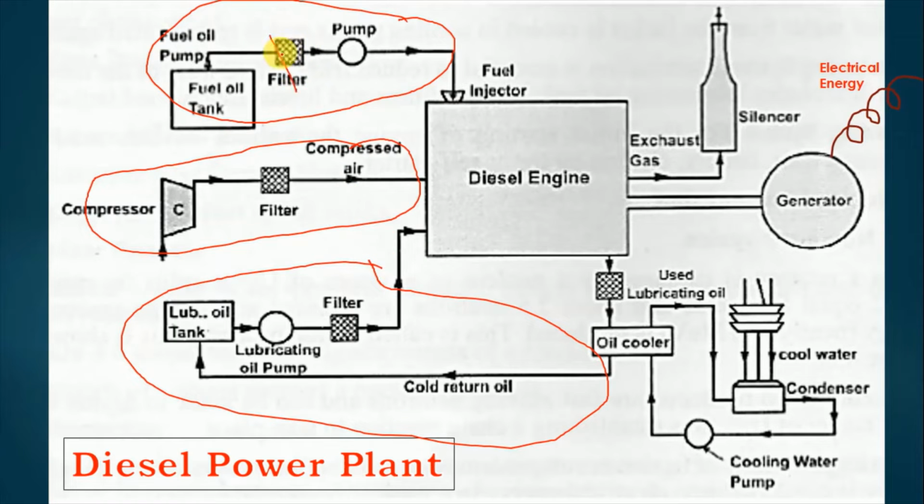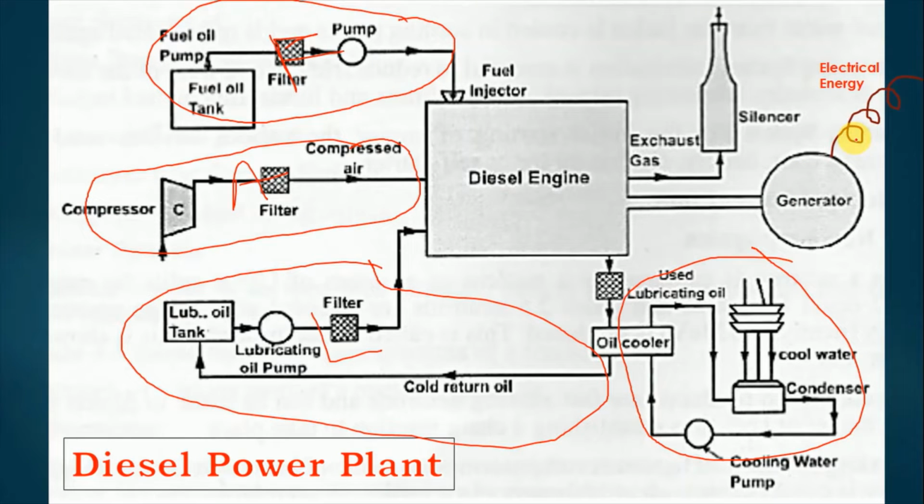So this is a fuel system, this is an air system, and this is the lubrication or lubricant coolant system. These are the other major four components which are required for proper working of this diesel engine. If you want the diesel engine to work efficiently, we have to attach these other systems to it, which will give you mechanical energy and ultimately we can generate the electrical energy.